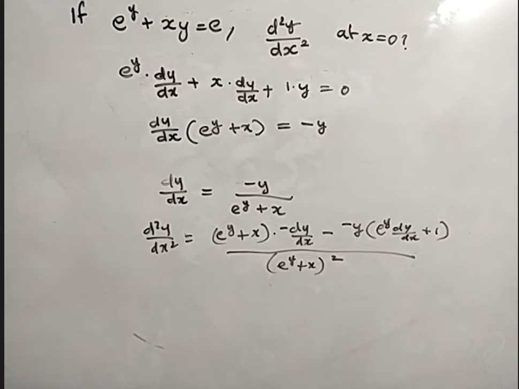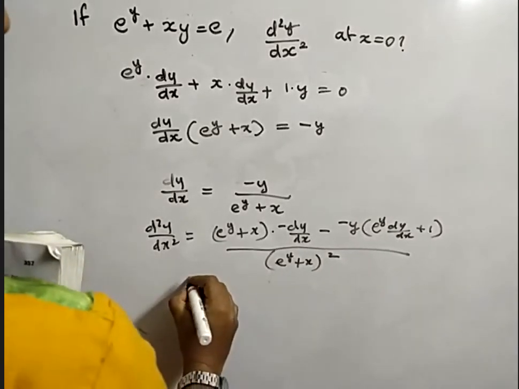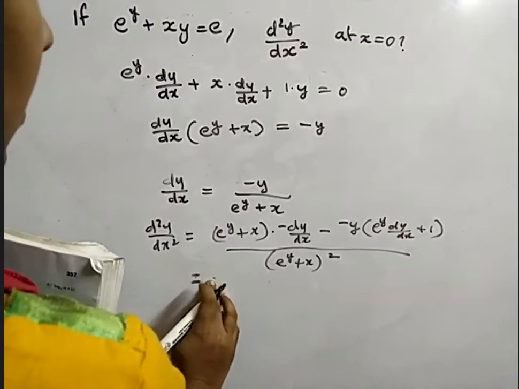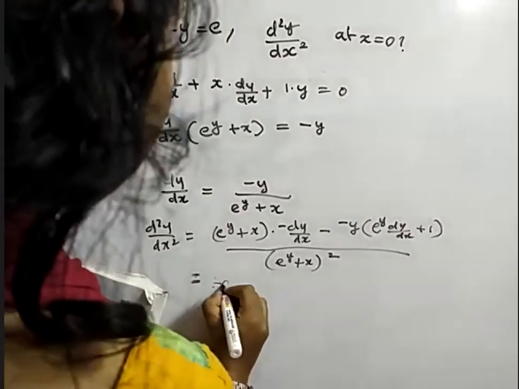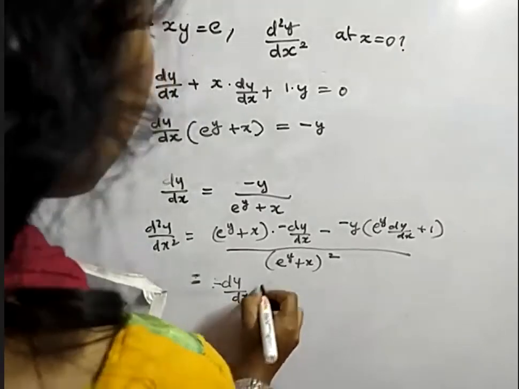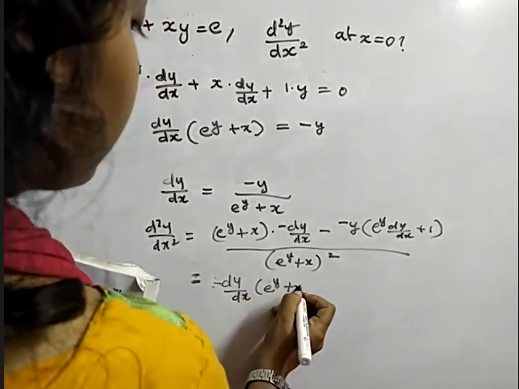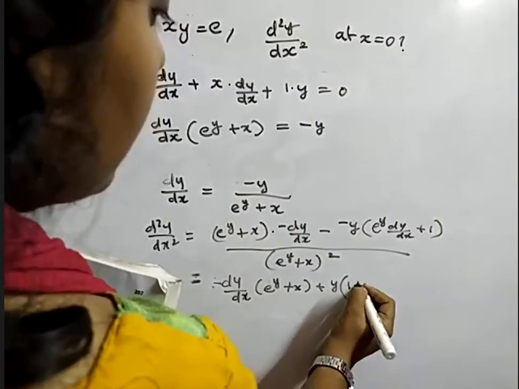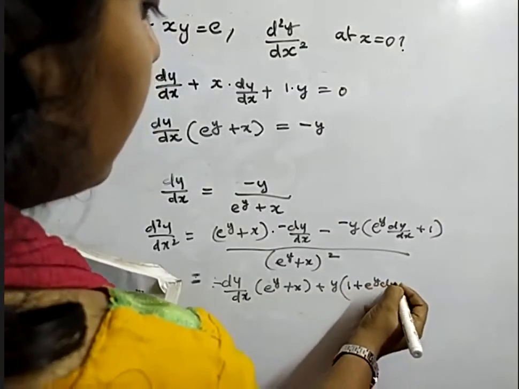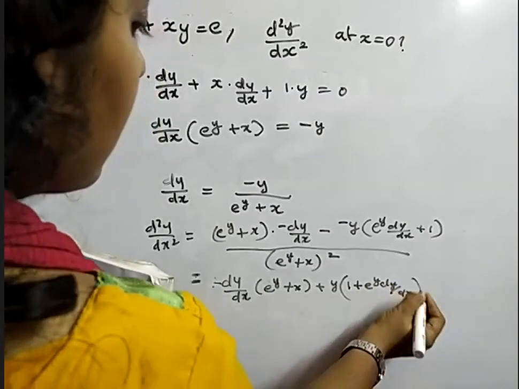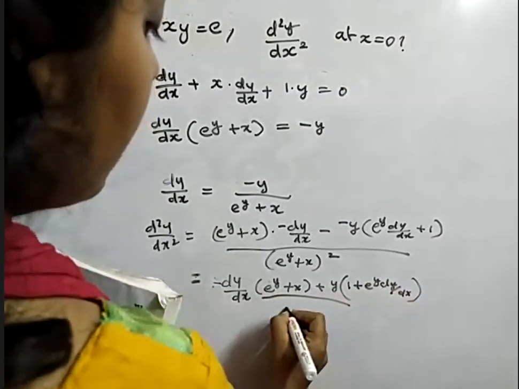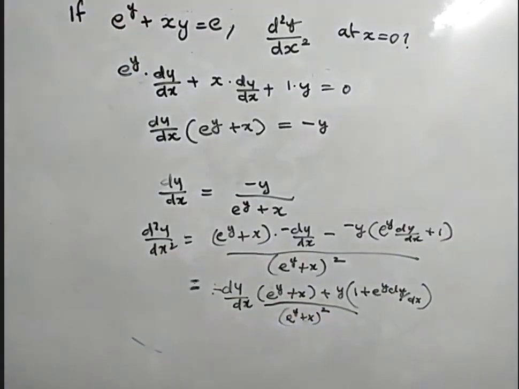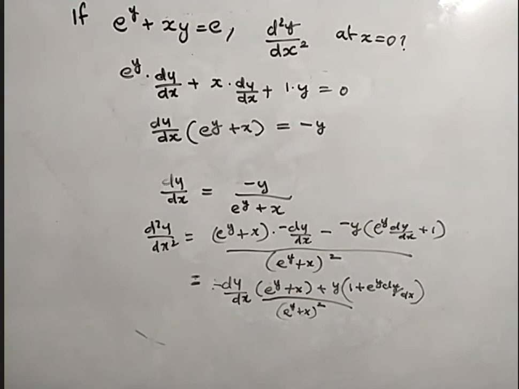So what you will get? Minus dy by dx into e raised to y plus x plus y into 1 plus e raised to y dy by dx, divided by e raised to y plus x the whole square. Now put x is equal to 0.